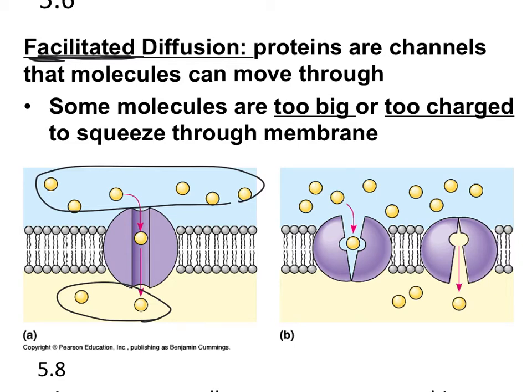Normal diffusion would allow particles to just squeeze through the phospholipids that make up the phospholipid bilayer. However, those phospholipids can only move left and right so far. So if a particle is too big, those phospholipids might not be able to squish over far enough to let that big particle through.